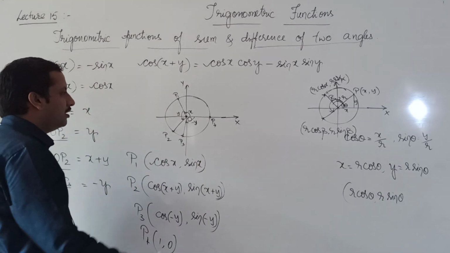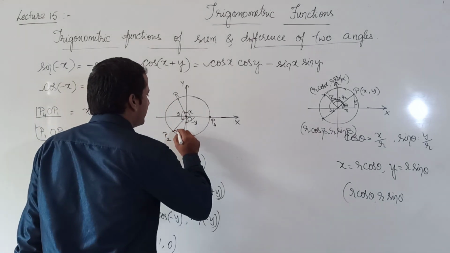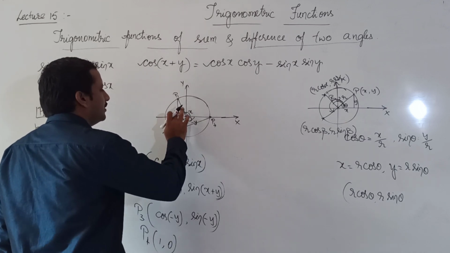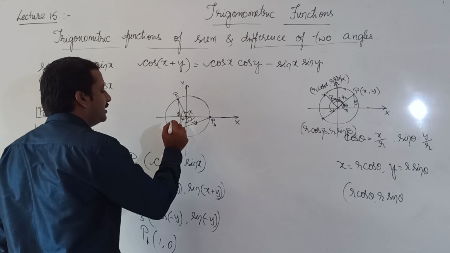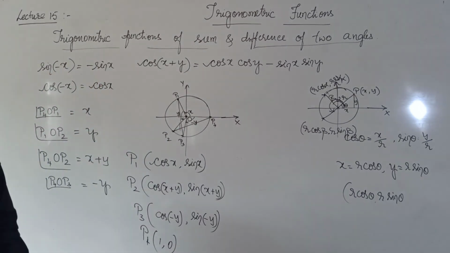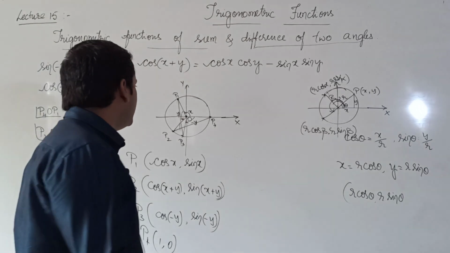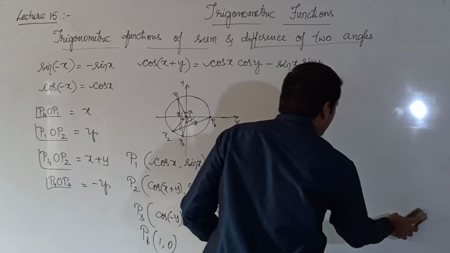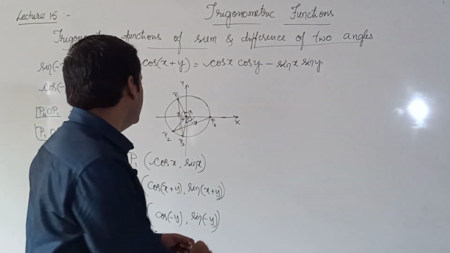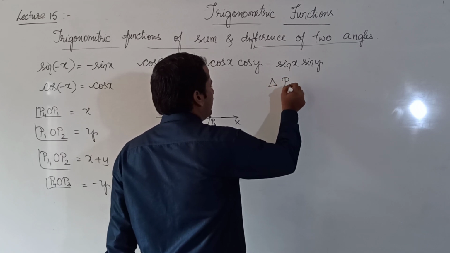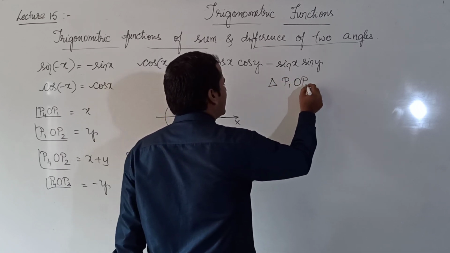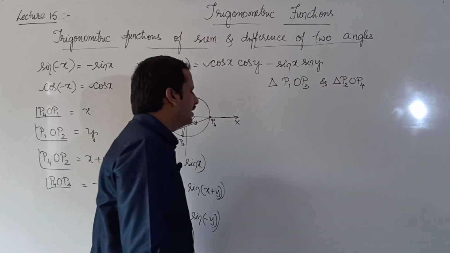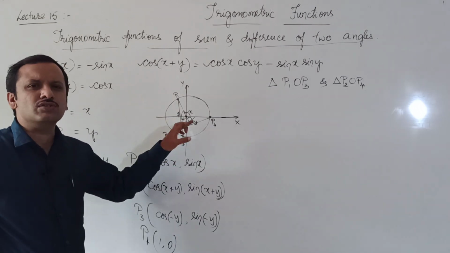Now I will join P2 P4 and I will also join P1 with P3. Now look at the triangles P1OP3 and P2OP4. I am interested in knowing these two triangles.